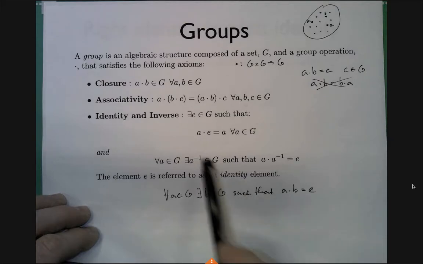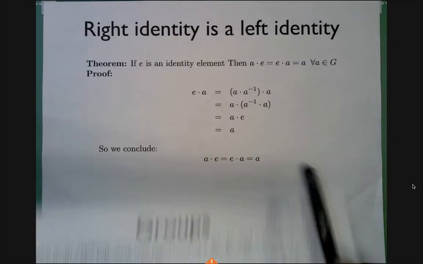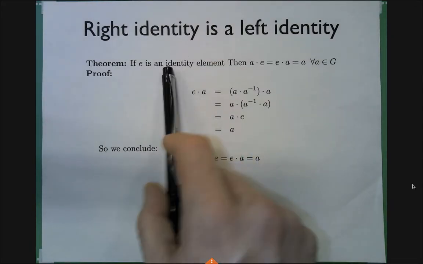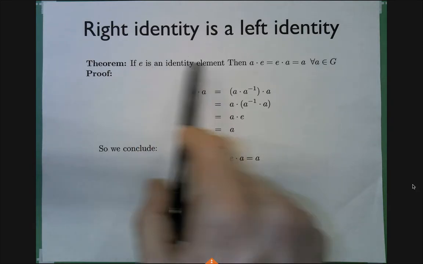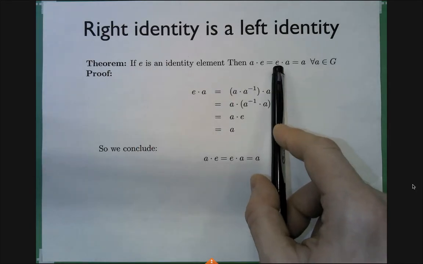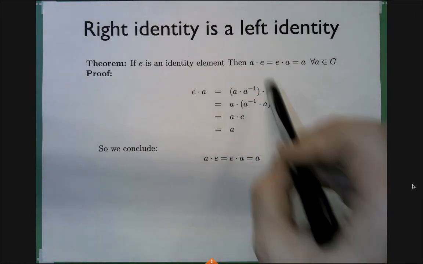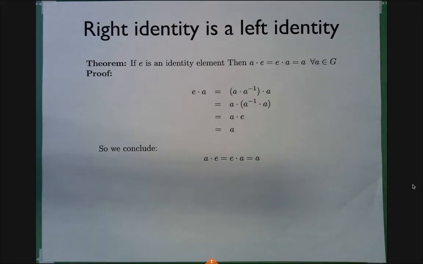So the identity element I define while multiplying from the right. And here the theorem, or lemma I guess, says that an identity element multiplied also from the left gives me back the same thing. So it doesn't matter if I multiply from the right or from the left. The definition guarantees that multiplication from the right gives me the element back, but also multiplication from the left.